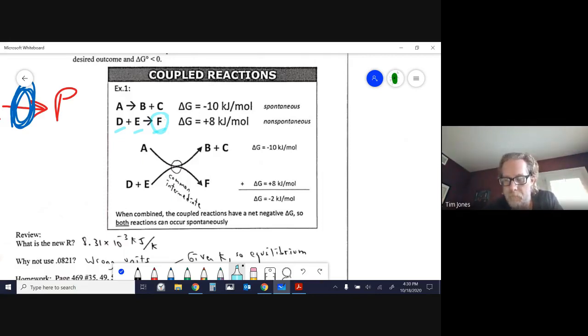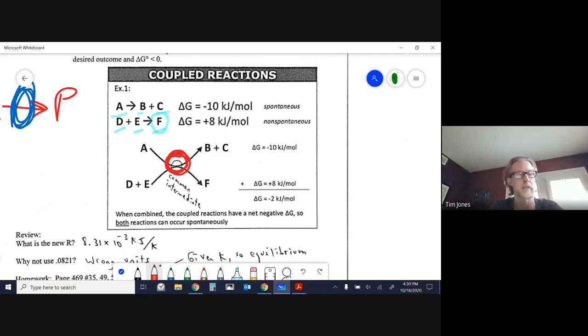But if we can find something that shares the intermediates, it can push it forward. So if we take another reaction, in this case, this is the A forming BC reaction. If they happen to have a similar intermediate, we can push these two reactions together.